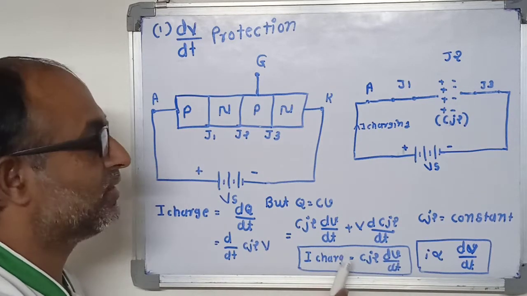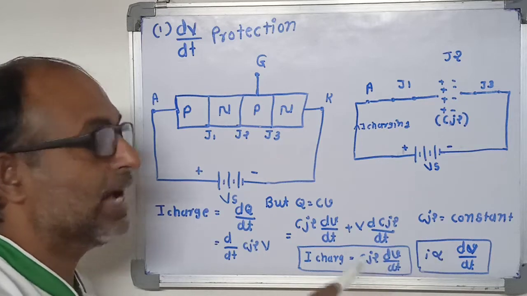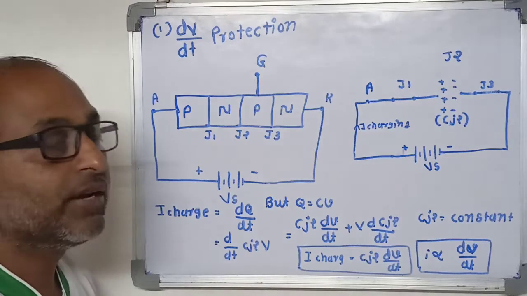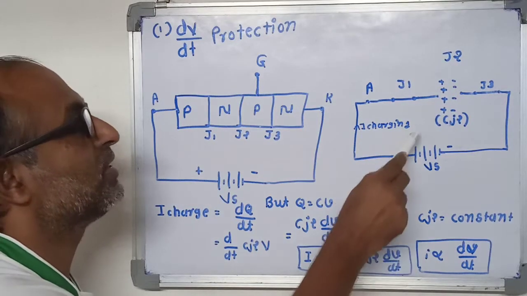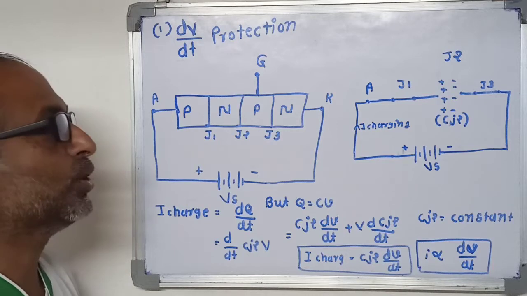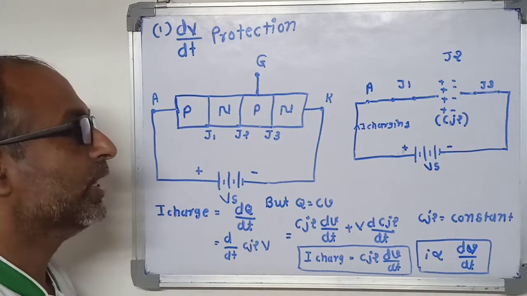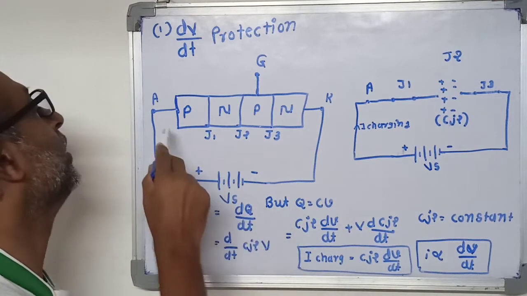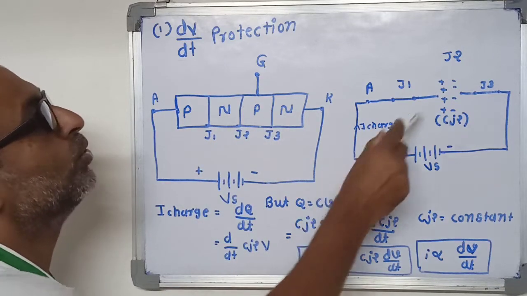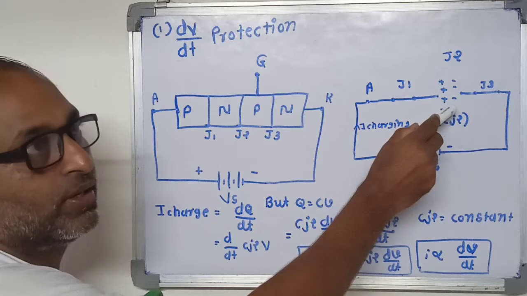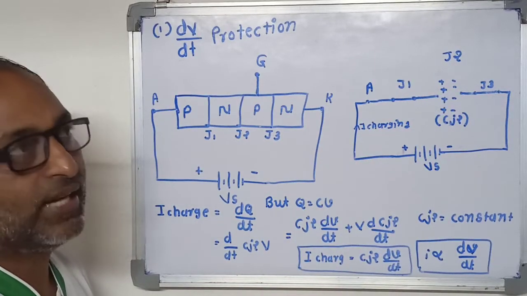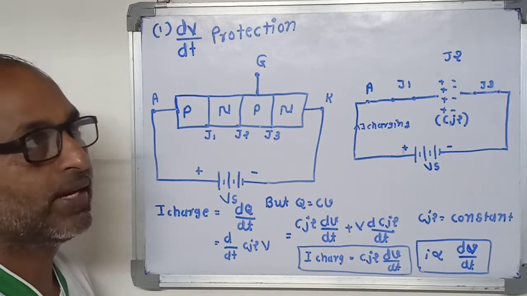So I is directly proportional to dV/dt. That means the current passing through the SCR, I charge, is directly proportional to the rate of change of voltage. If the rate of change of anode to cathode voltage is high, the current through junction J2, the capacitor, may be sufficient to turn on the thyristor or damage it.